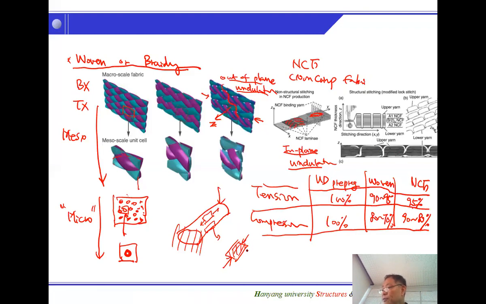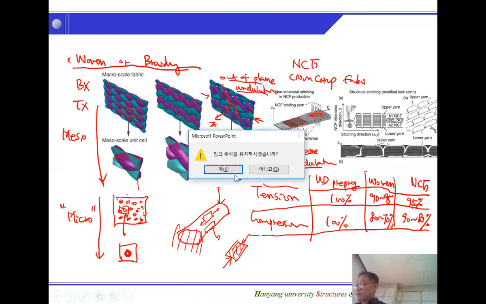Anyhow, by the way, on tension property and compression strength-wise, if this is 100%, the compressive strength will be lower than the tension property, of course. But this is from my experience.